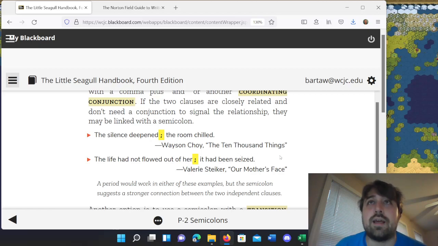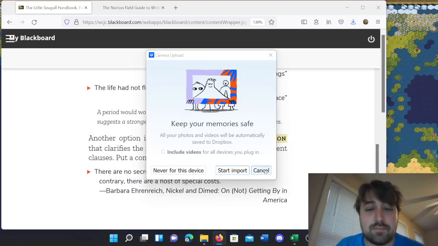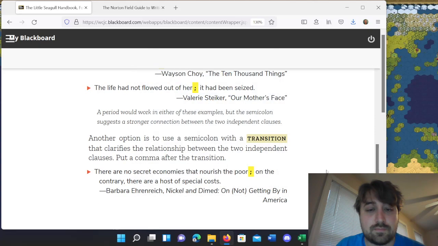In the first clause, we're saying what happened to the life, and in the second clause, we're also saying what happened to the life. So we're connecting the ideas of what happened to the life together, making it one sentence. In situations like that, you can use the semicolon to connect those two sentences.